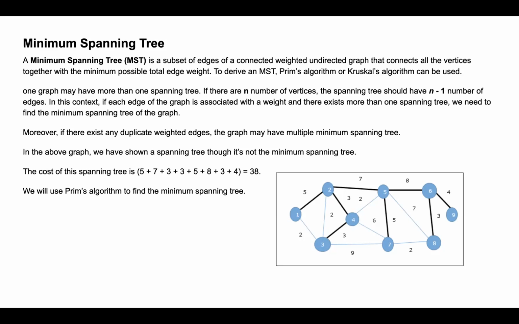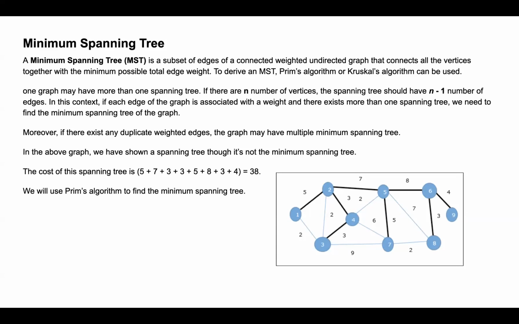If the graph contains more than one spanning tree, then the different spanning trees will have different weights. From that we have to select the spanning tree with minimum weight, and that is known as the minimum spanning tree, or minimum cost spanning tree.